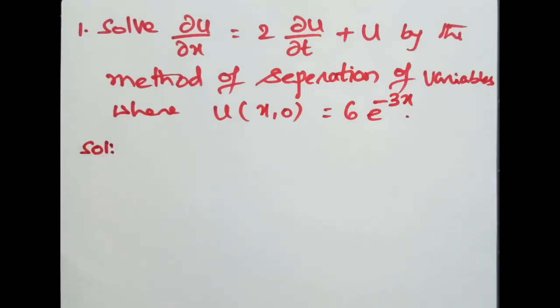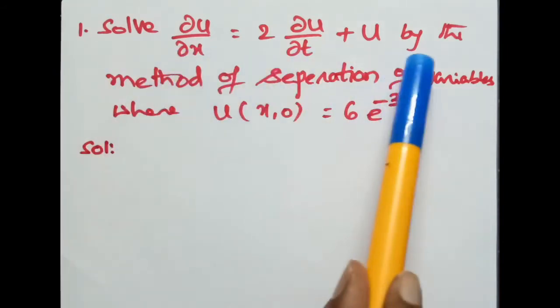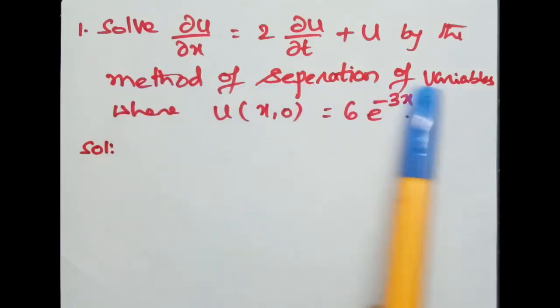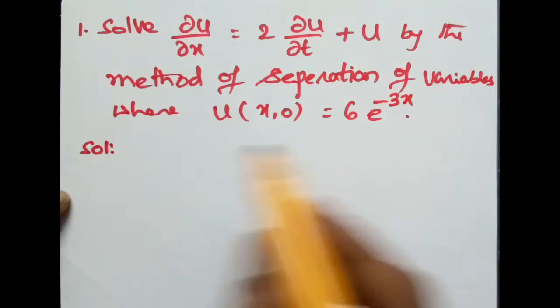This is the partial differential equation. Solve this partial differential equation by the method of separation of variables, where u(x,0) = 6e^(-3x).